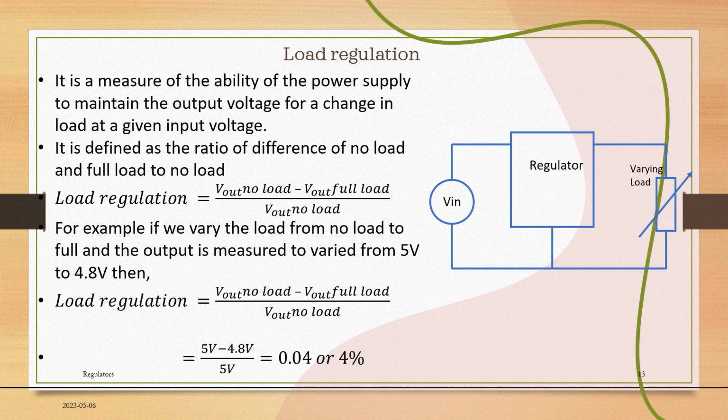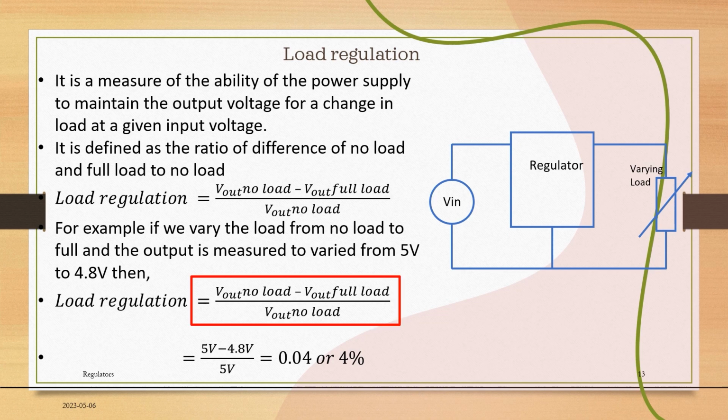In practical regulators, if the load is varied from no load to full load, a small change in output voltage is seen. To quantify this, a term is introduced which is load regulation. It is the measure of the ability of the power supply to maintain the output voltage for change in load at a given input voltage.